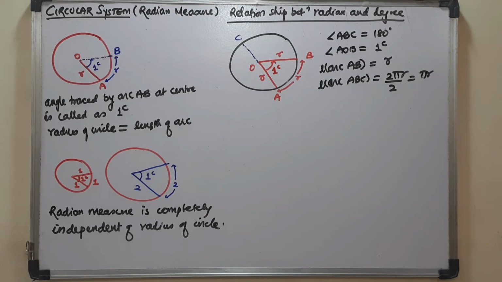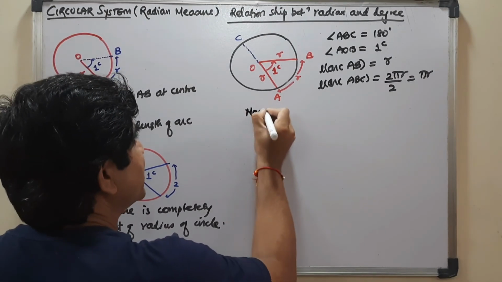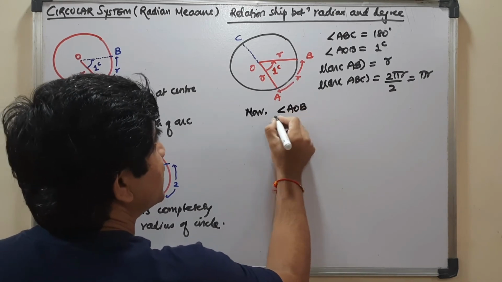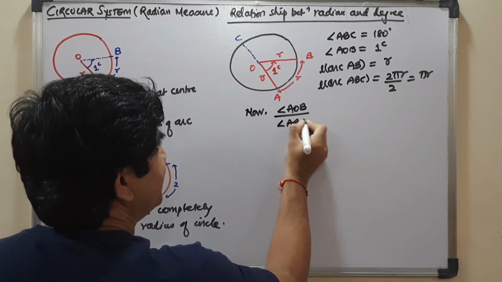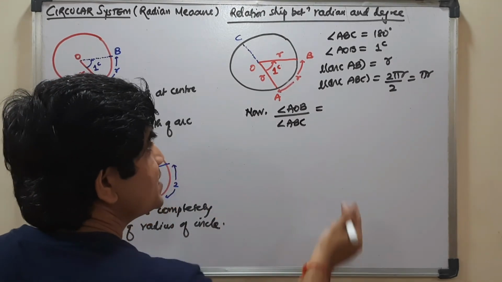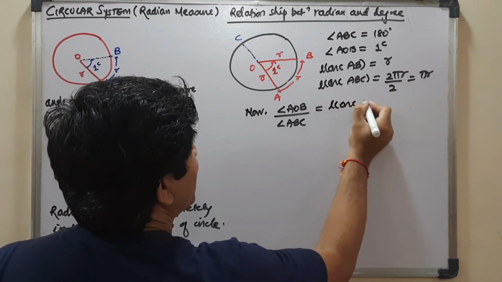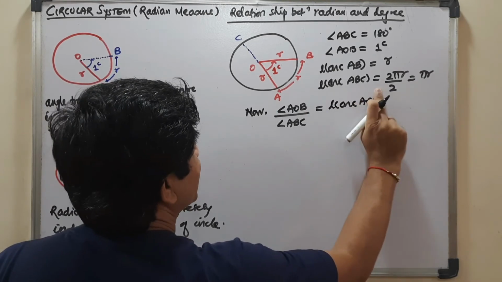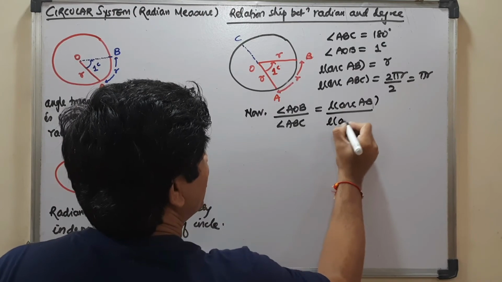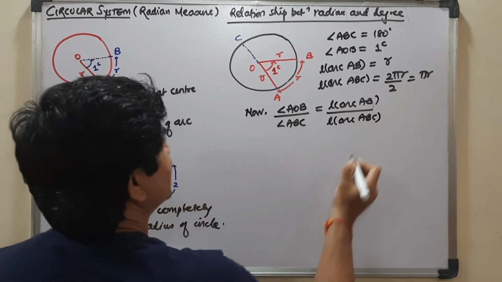If you take the ratio of angles, angle AOB to angle ABC, that will be the same as the ratio of the length of arc AB to the length of arc ABC.